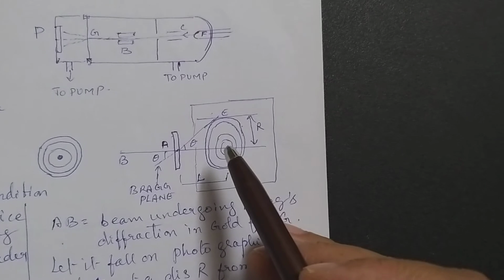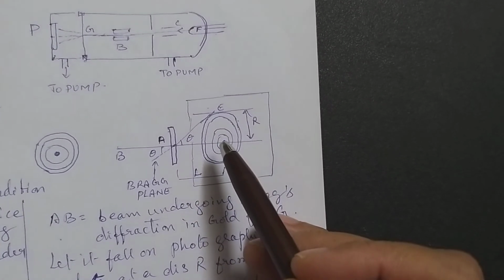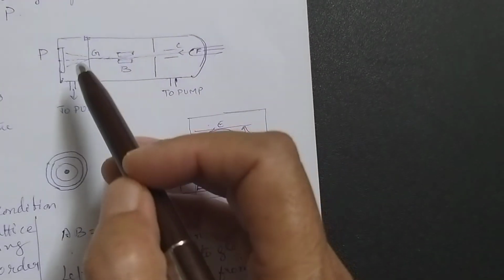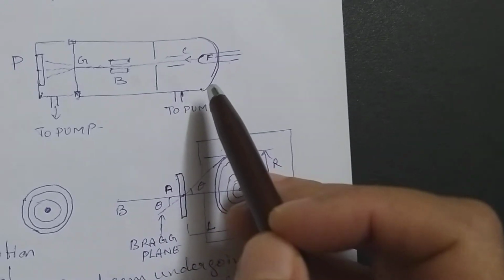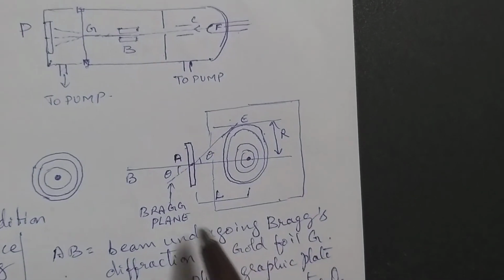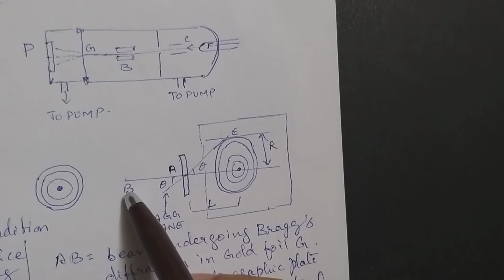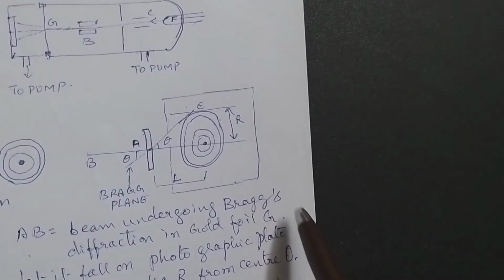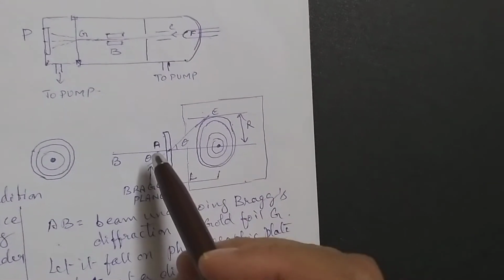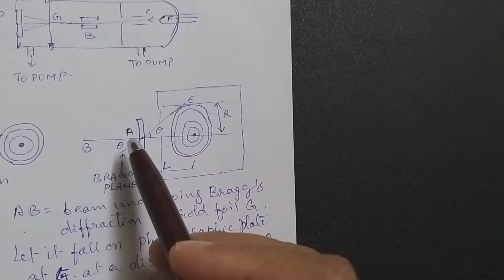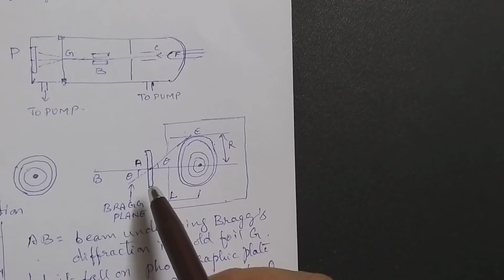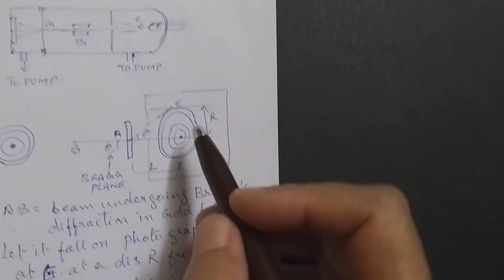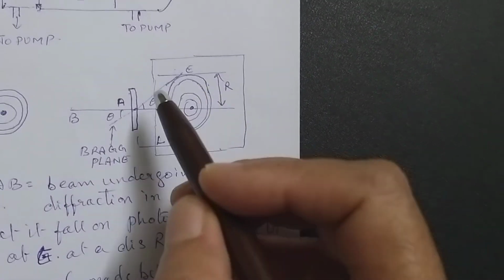So a diffraction pattern, fringes, is obtained. The center is a dark fringe and then later fringes are obtained. This is the A point, then this is B. From here this figure has been shown and this photographic plate is this one, P. From B they will start pouring onto the photographic plate, and you will have a diffraction pattern like this.